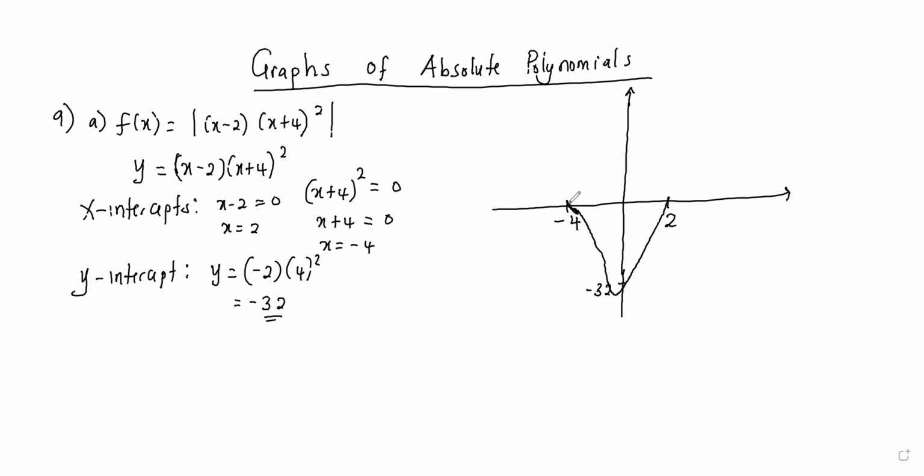The problem we have is: is it going above 2 or is it turning at 2? Is it going above negative 4 or is it turning at negative 4? So we need to check at least one side. So let's check what happens when x is 3. So we're going to have 3 minus 2 and 3 plus 4 squared.